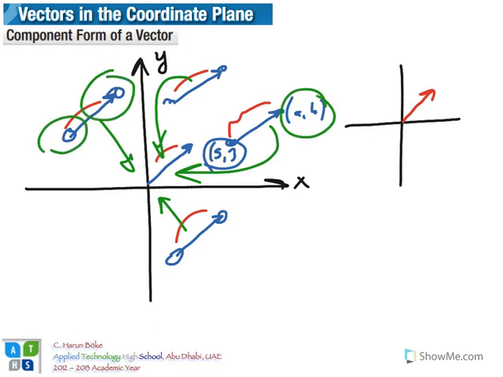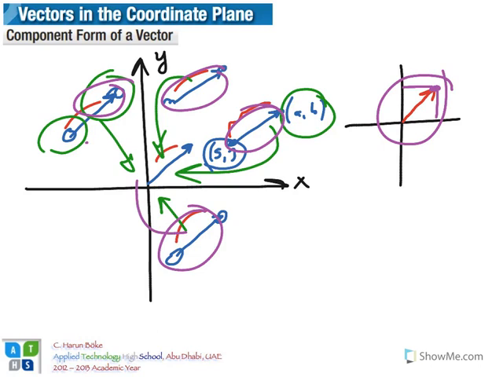Instead of doing that, if we carry all the vectors in this place where the initial point is on the origin, then we can only express this vector by giving the coordinates of the end point. That's the idea.